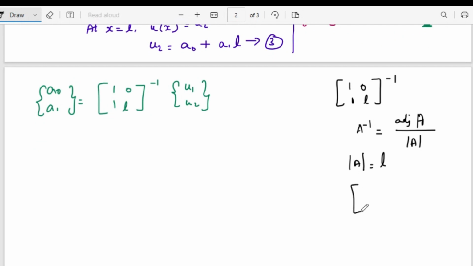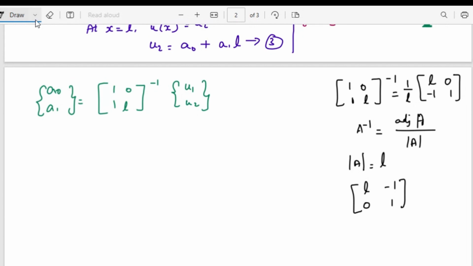So the cofactors will be L and minus 1, minus 0, that is 0, and 1, and then we need to take the transpose of this. Finally I will have A inverse as 1 by L, that is 1 by the determinant, into the transpose of this matrix, so that is L 0 minus 1 and 1. So this is going to be the inverse of the matrix.